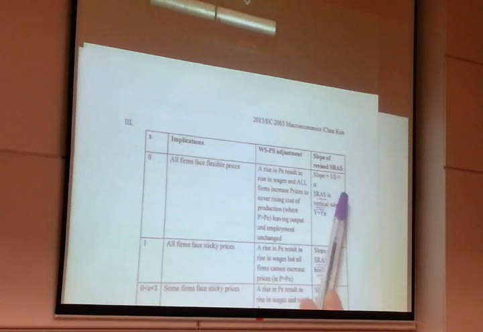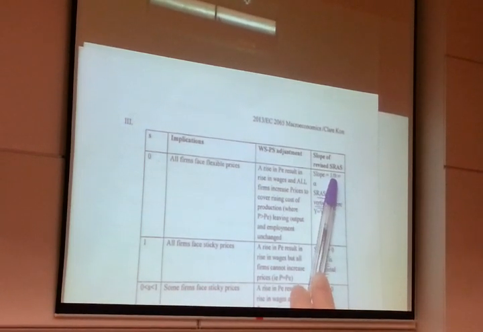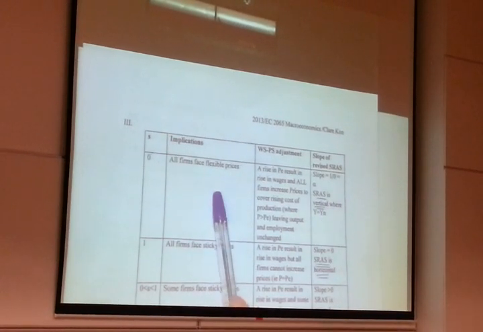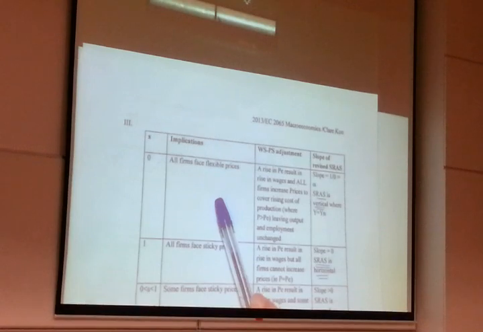So when wages go up, all the firms increase price. In this case, the curve will be vertical. The slope is infinity. So AS would be vertical for firms with flexible prices.